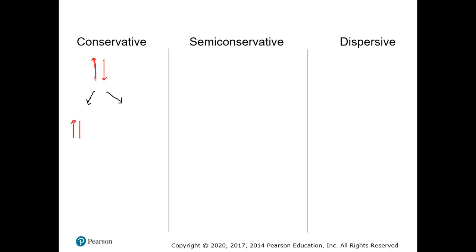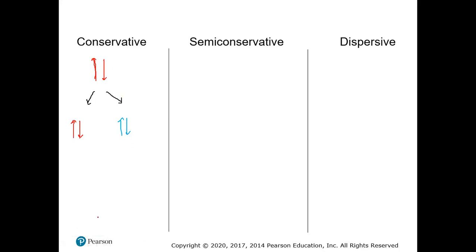We used it as a template. And one is going to be our entirely new daughter strand that we made. So that's conservative. We're taking our parent template and we're pretty much keeping it the same. We're just using it to make an entirely new double-stranded daughter.